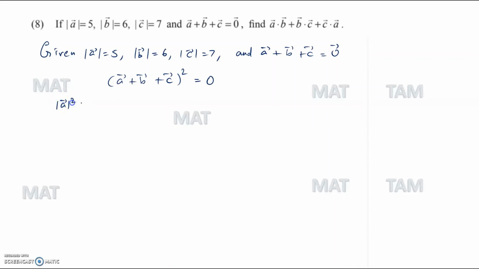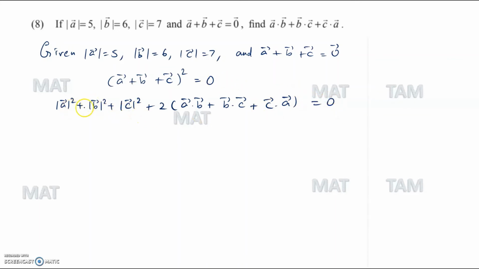So magnitude of A squared plus magnitude of B squared plus magnitude of C squared plus 2 times A dot product with B plus B dot product with C plus C dot product with A, and this is equal to 0.